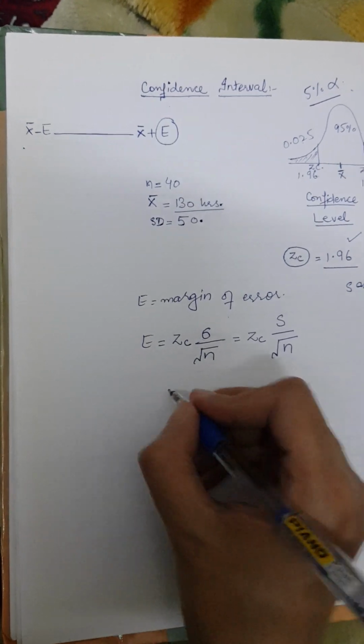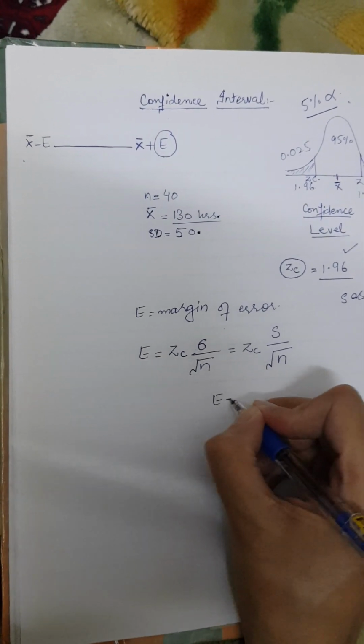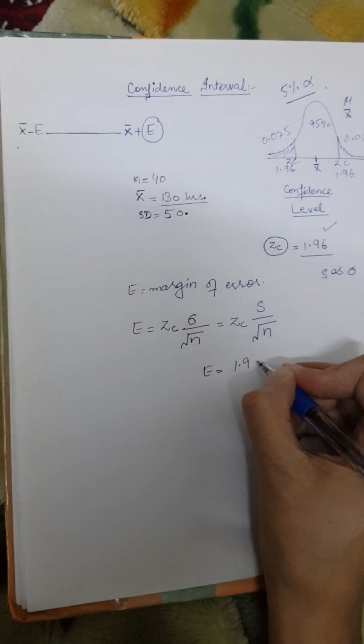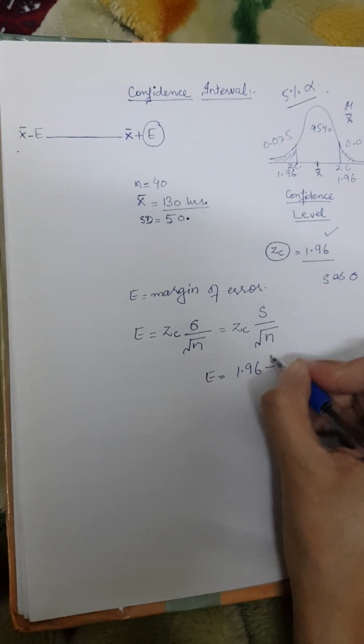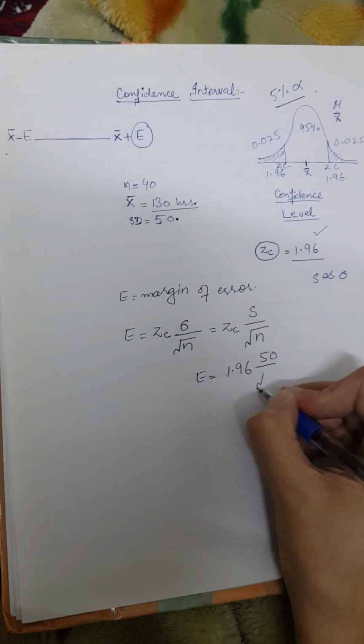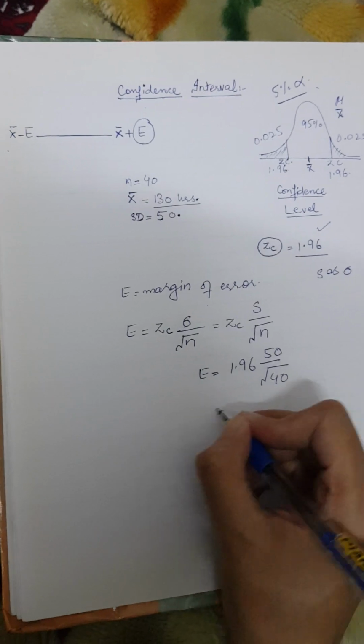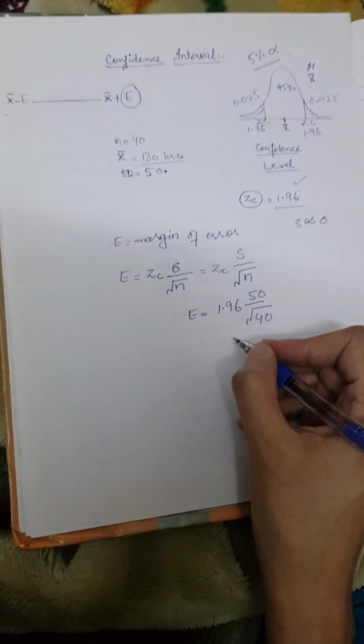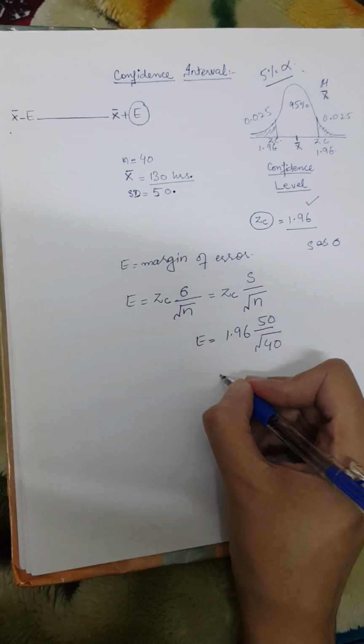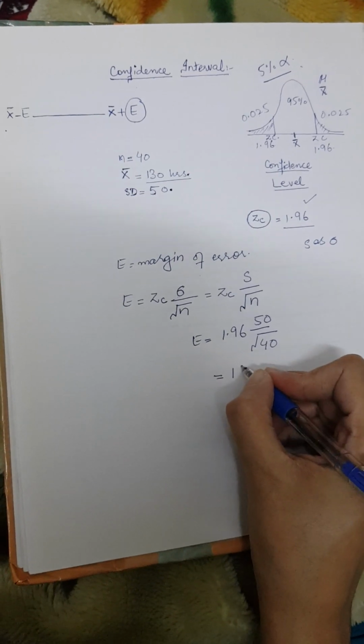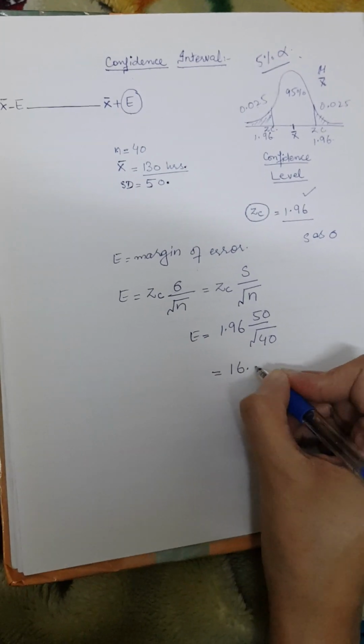Now we will put in the values. E is equal to 1.96 times 50 divided by the square root of 40. Obviously we will use the calculator, we cannot do it manually, and it is 16.4.